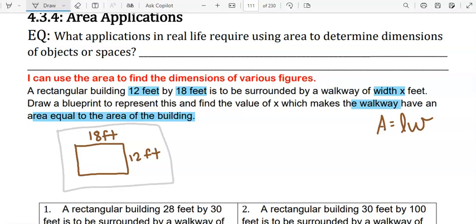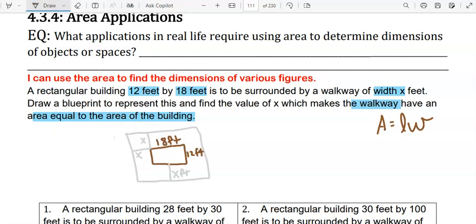The width is X feet on all the sides. This is X, this is X, this one's also X. I'm going to draw it a little more to scale.